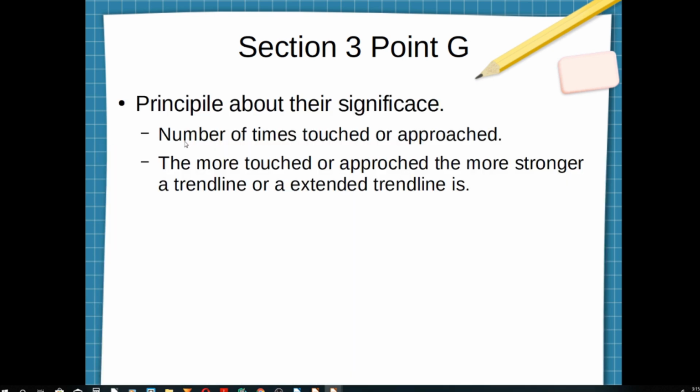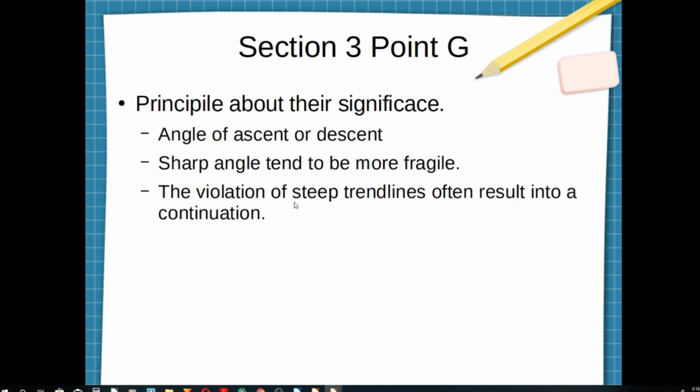Now, I think I already told you that the more touches or approaches, the stronger a trend line. The same thing applies to extended trend lines, because those are the same rules as when you are dealing with static support and resistance.